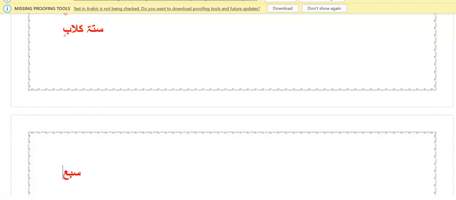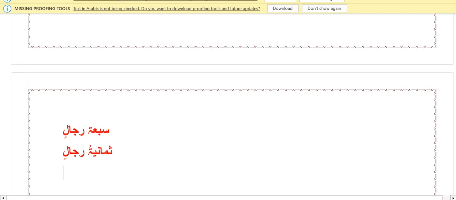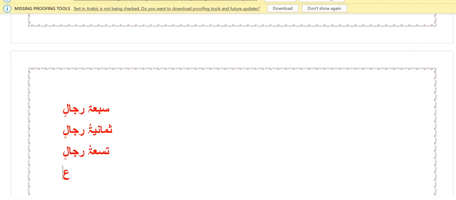Now, sab'atu rijalin, thamaniyatu rijalin, tis'atu rijalin, asharatu rijalin.